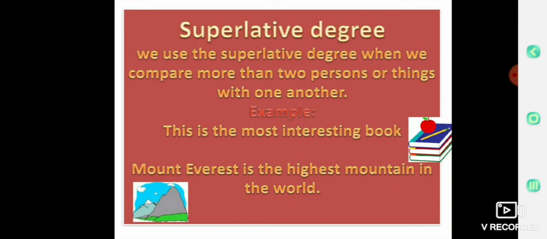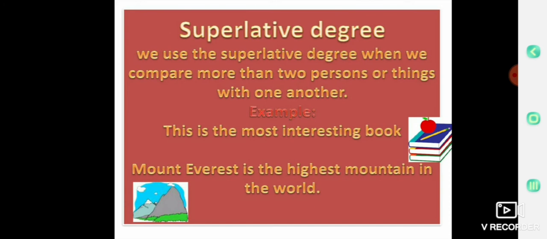Now the next example is: Mount Everest is the highest mountain in the world. Here also the is there, so you have to use superlative degree. There is the clue. If it is the before the blank, you have to use superlative degree. Now the adjective is high, and we have added the suffix est to it.